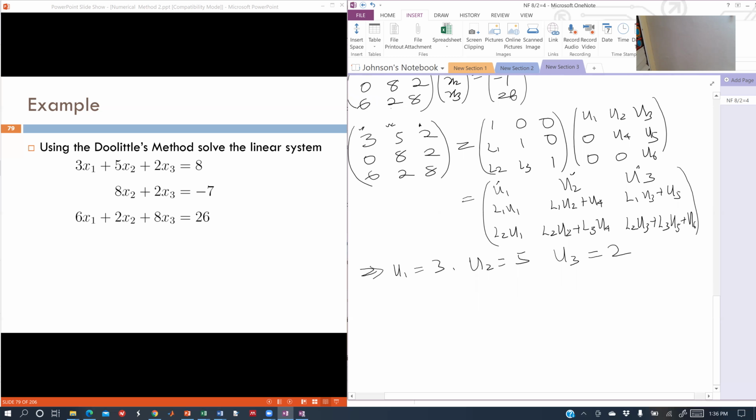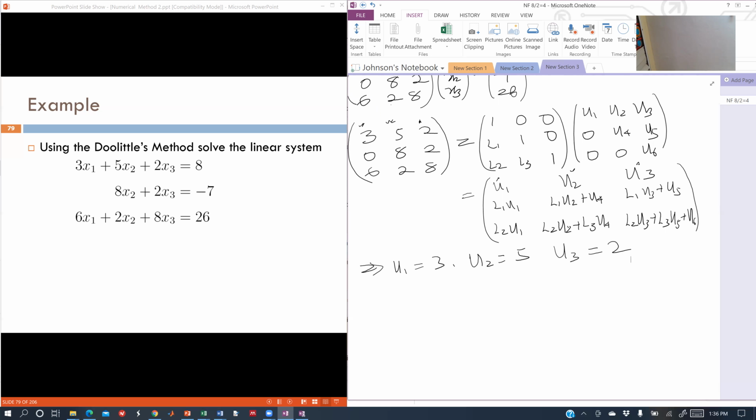Having these initial values for free, we can just go ahead to solve for the other values. So let me come to this place and get L1 U1 is equal to the corresponding term there, which is 0. Now we know U1 to be 3, so it implies L1 is equal to 0.